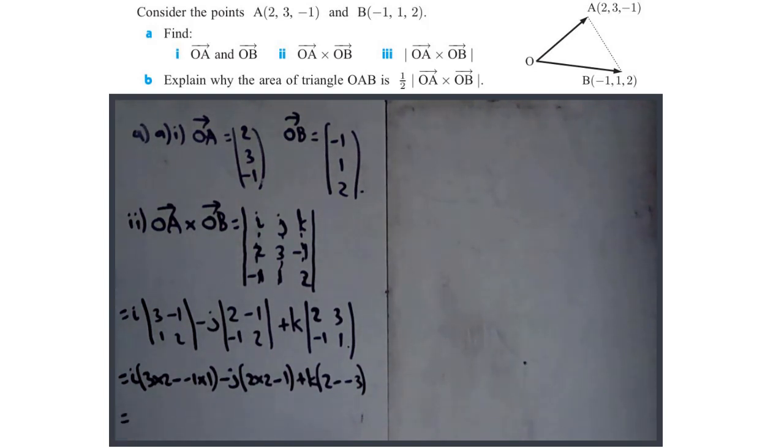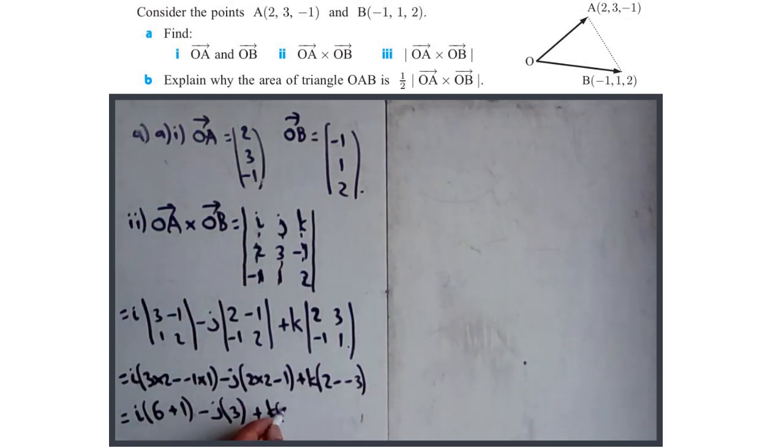Right, so that is going to be i times 6 minus 1, so plus 1, minus j times 4 minus 1, which is 3, plus k times 2 minus 3 is 5.